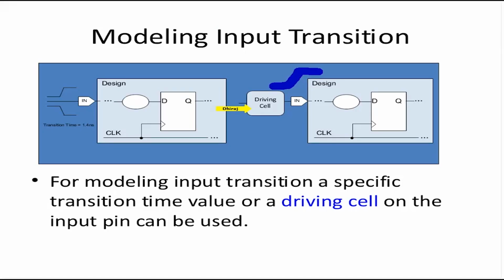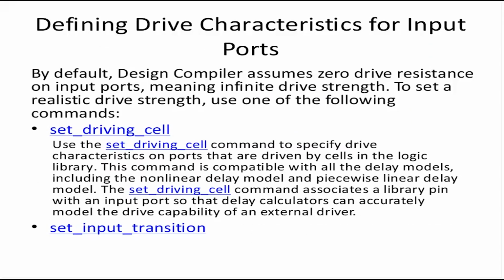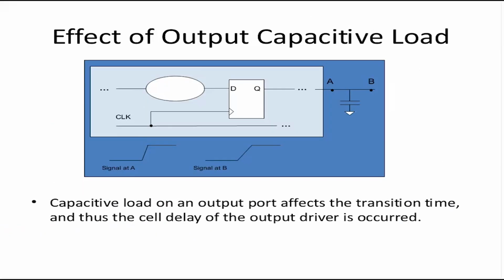Now DC will use the characteristics of this cell to calculate a reasonable transition time at the input. Or if we cannot estimate what kind of cell will drive your input, you directly give some value with set_input_transition. What will that value be? We'll see. Now we see the output boundary.